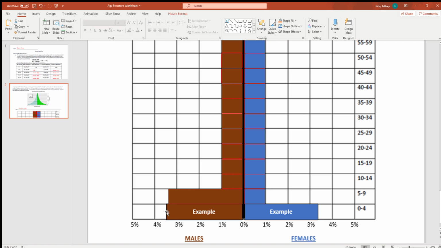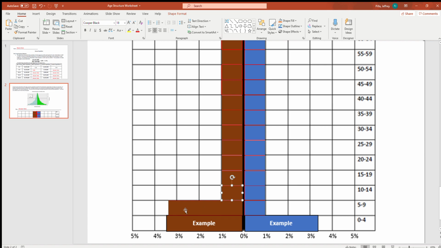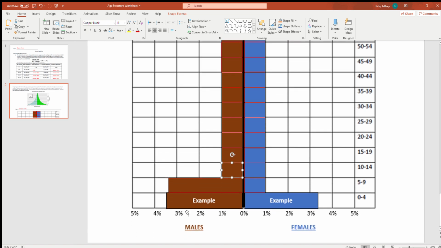But as long as it's less than this bar here, which was, remember, 3.5, as long as you make it a little less than that, you're good, okay? So now I have a bar that extends out to 3.4. You're going to do this for all of these bars that are outlined in red. Just make sure the bars are an approximation of where they should be. As long as it looks close enough, that's fine with me.